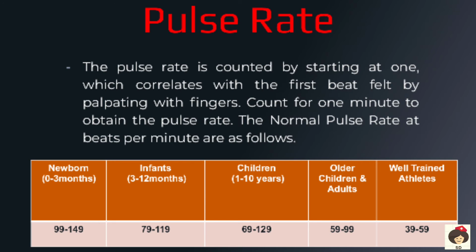And well trained athletes, because their body is very trained and they usually keep on doing more exercises, their sinoauricular node will pace at a slower rate, so their pulse will always be 39 to 59 beats per minute. So these are the normal rates according to beats per minute.